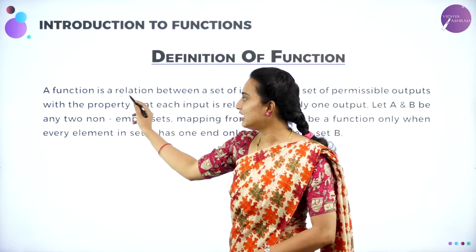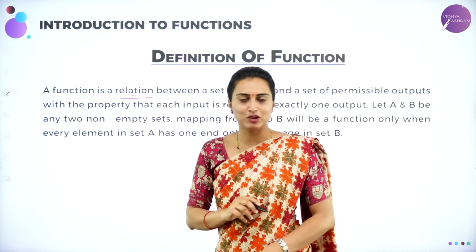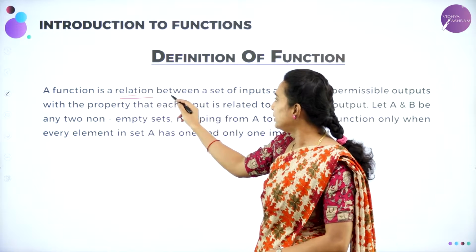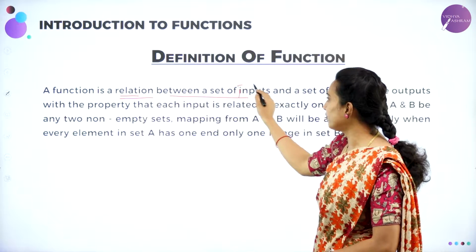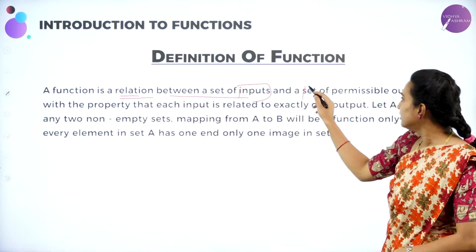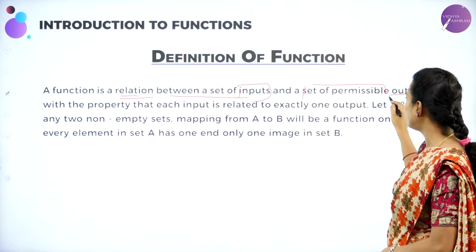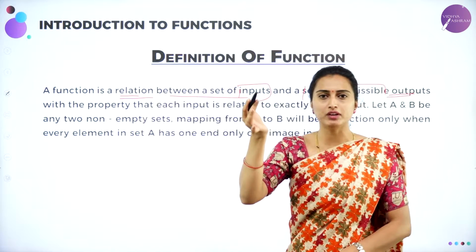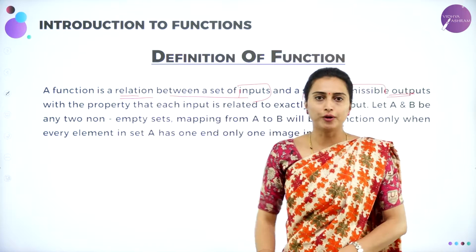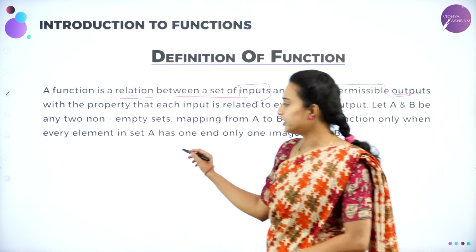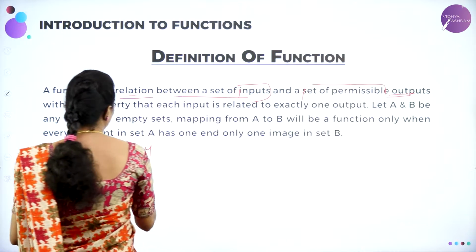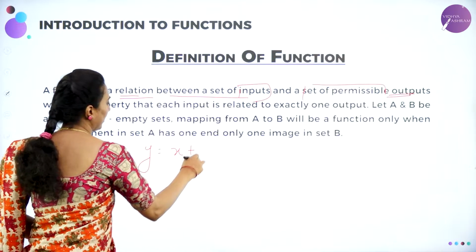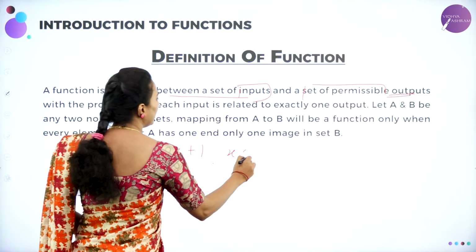Function is nothing but a relation. Why? Because here between the set A, that means the set of inputs, and the set of permissible outputs, whatever you give as input, it will give you as output. Suppose I take y is equal to x plus 1 and x belongs to natural numbers.